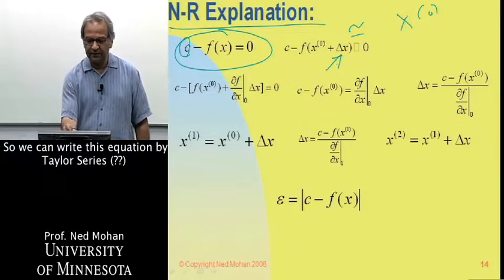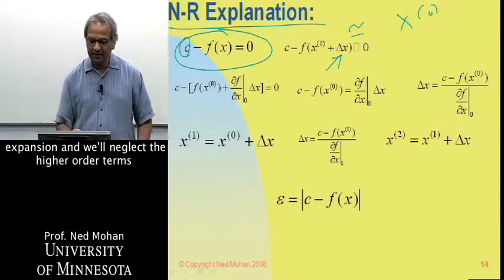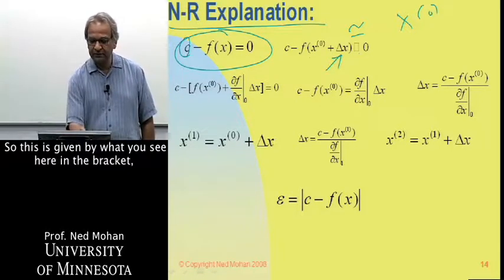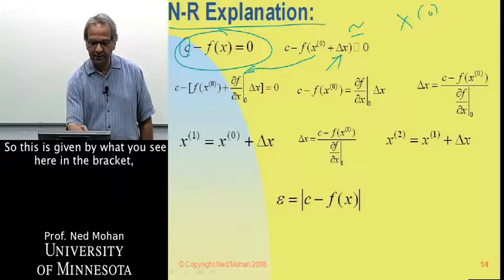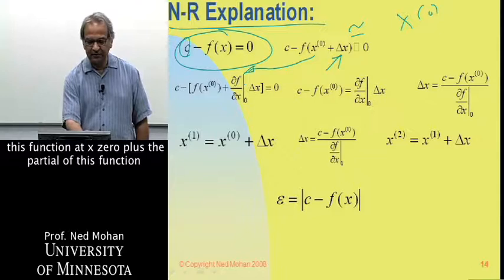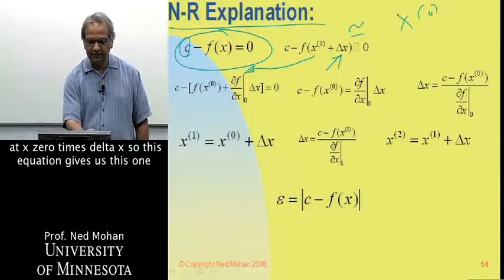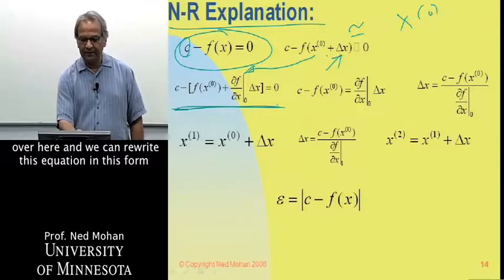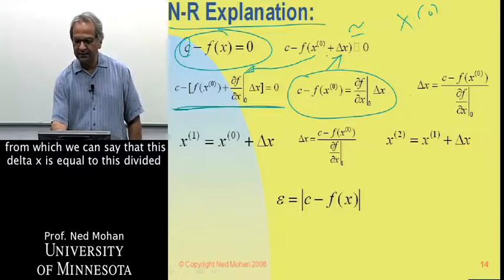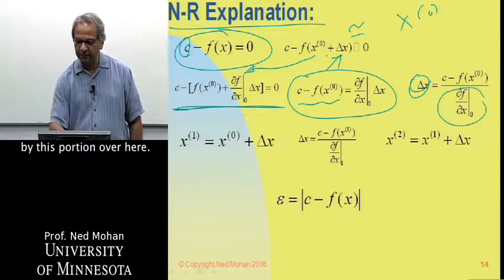So we can write this equation by Taylor series expansion, and we will neglect the higher order terms. We'll just take the first order term. So this is given by what you see here in the bracket, this function at x0 plus the partial of this function at x0 times delta x. So this equation gives us this one over here, and we can rewrite this equation in this form, from which we can say that this delta x is equal to this divided by this partial over here.